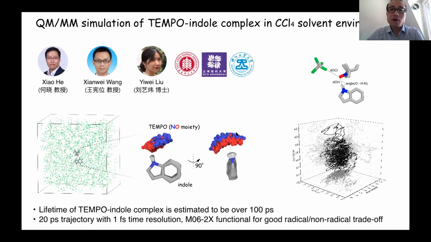What we can confirm first is that there is, of course, the NH bond mediated intermolecular hydrogen bonding between the TEMPO radical and the substrate molecule indole. But we also observe significant dynamics of this complex, namely the intermolecular hydrogen bond fluctuates, but also the ring structure fluctuates all the time.